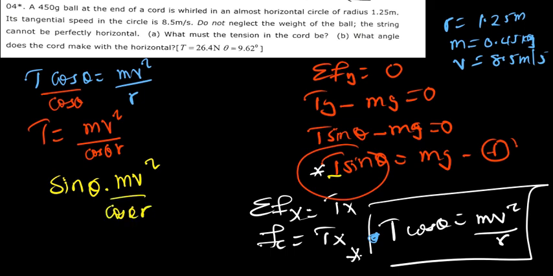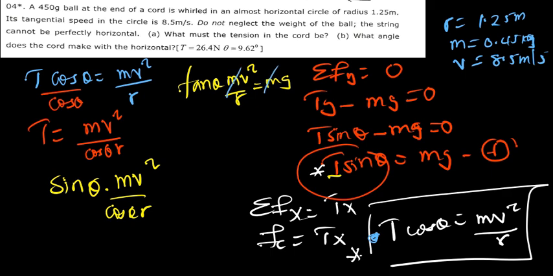But you know that sine divided by cos is tan. So we'll end up having tan theta times mv squared divided by r is equal to mg. At this point, even if I have mass, I'll just cancel the mass.